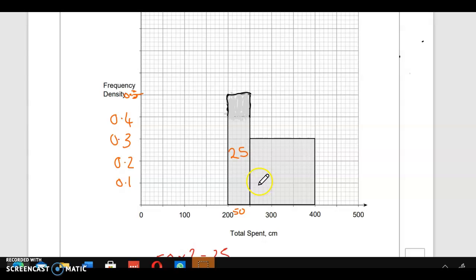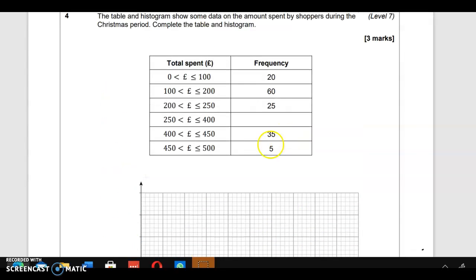So we know that 150 wide times by frequency density of 0.3, in other words a height of 0.3, gives us, calculator, 150 times by 0.3 gives us a frequency of 45, okay?